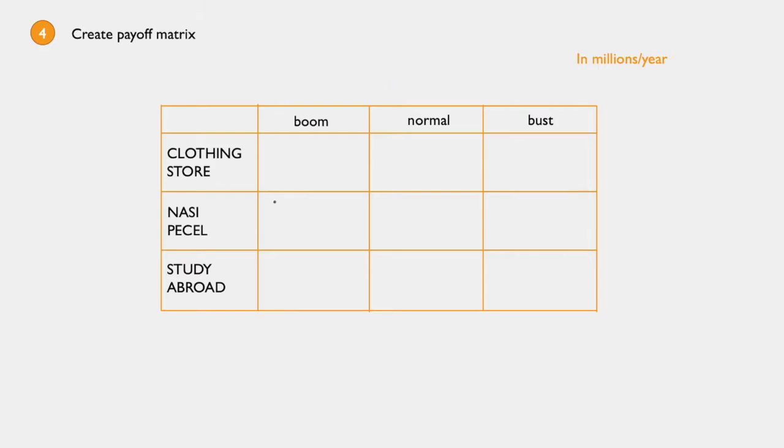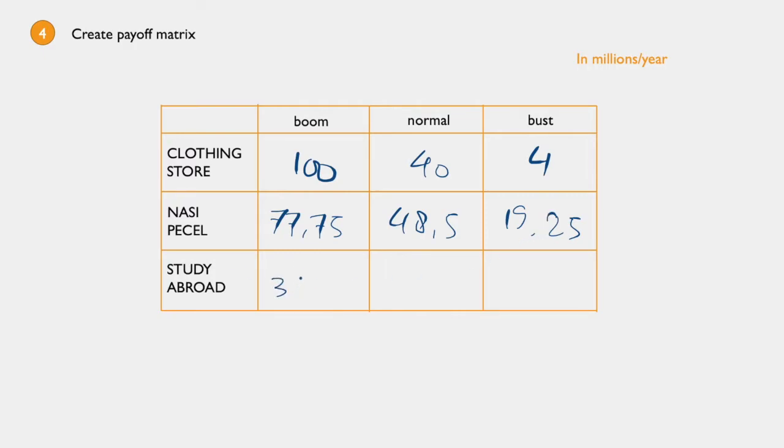Okay, wait, let me make it neater. We have 100 here, 40, 4, 77.75, 48.5, 19.25, 36.8, 21.2, and minus 10.